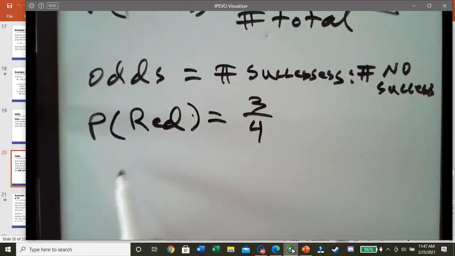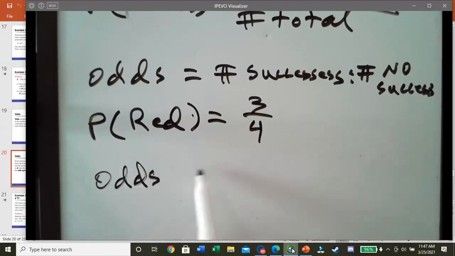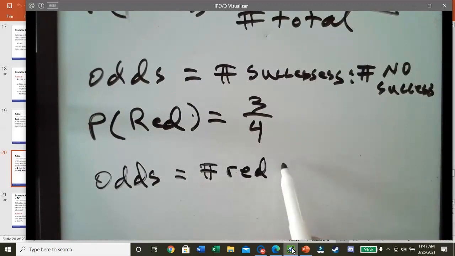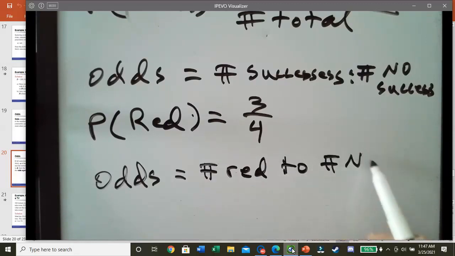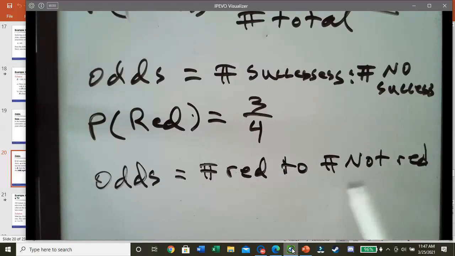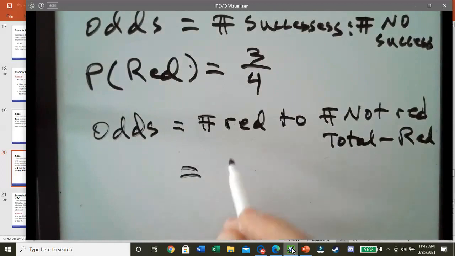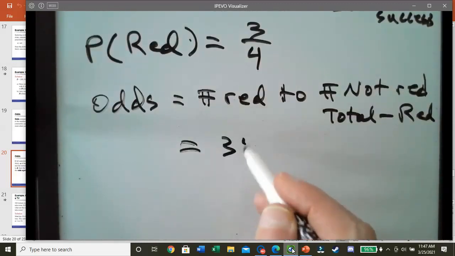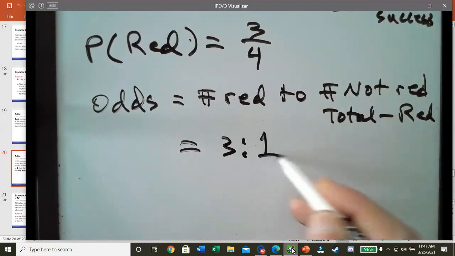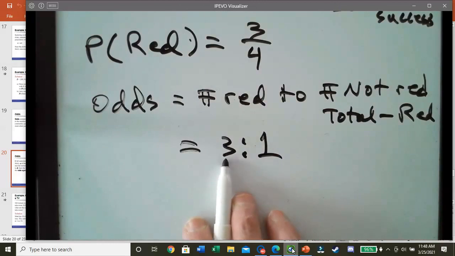So basically, odds would be number of red to number not red. In other words, that would be total minus red. So the odds of red, we had 3 red to not red, which is 1. So the odds in favor of getting a red plant is 3 to 1.